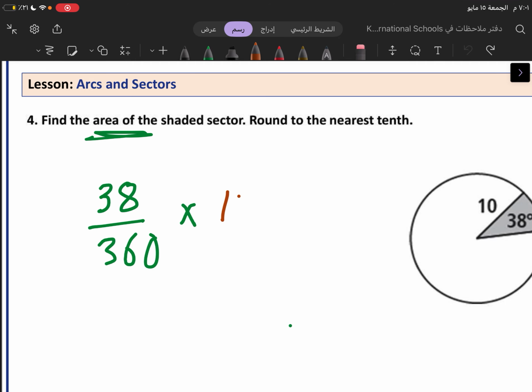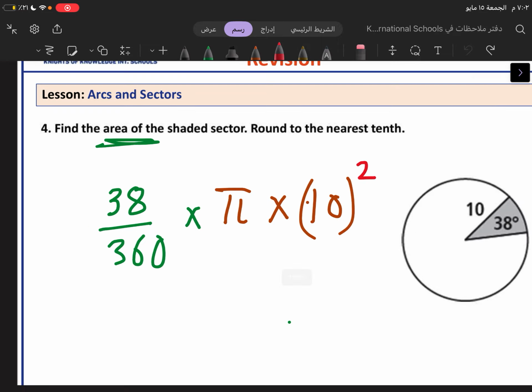Yes, pi r square. What is the r? The r is 10, so it is 10 square. Okay? And in your calculator, please put the multiply here, to avoid any confusion from some calculators. In this way you find the area of this sector.